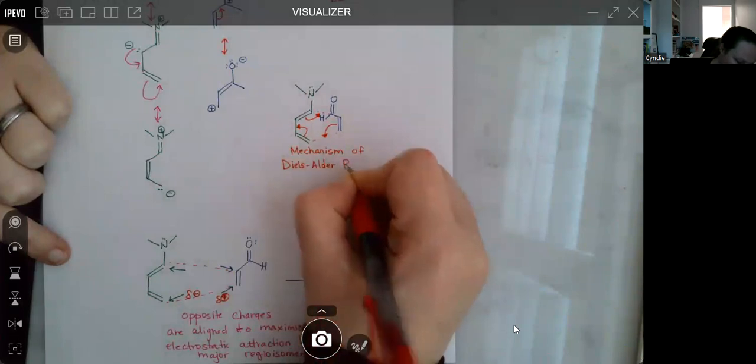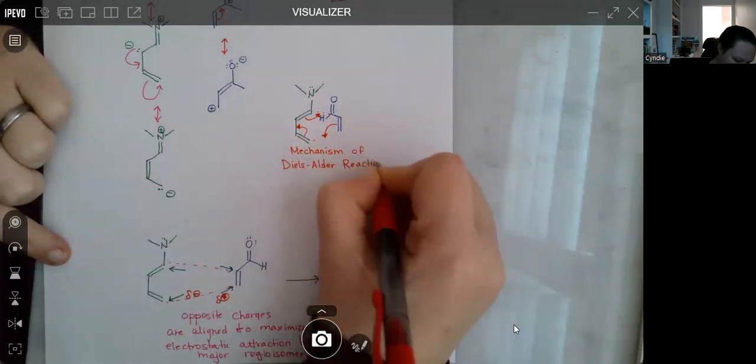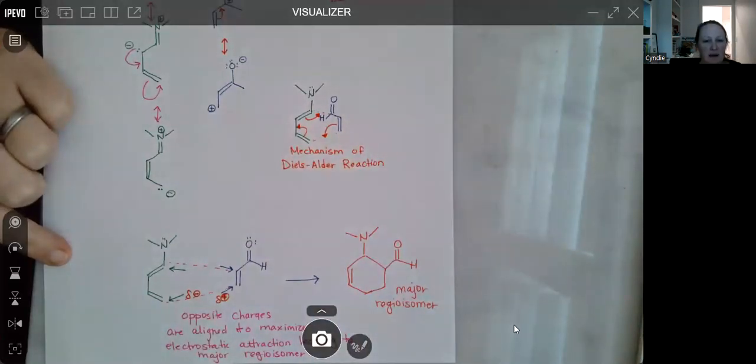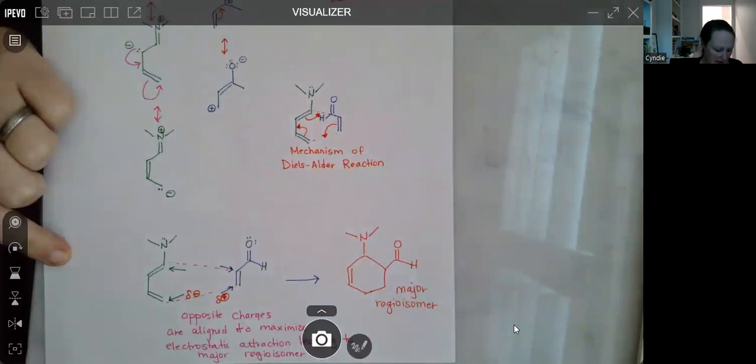So we call it a concerted reaction because all the electron shifting is happening in one step. And we need these three arrows drawn in a circular fashion. And then that shows us we get the product from there.